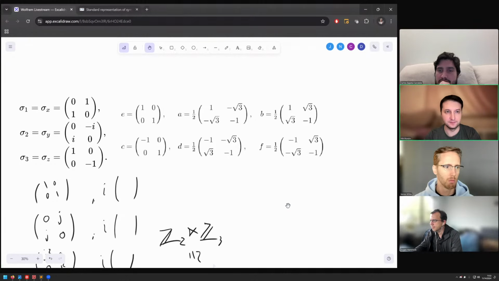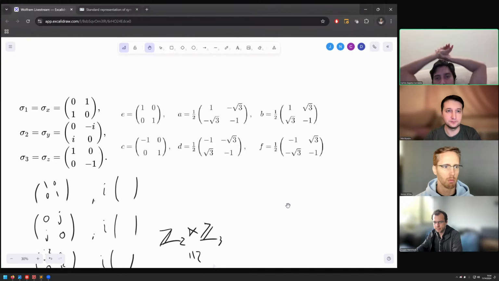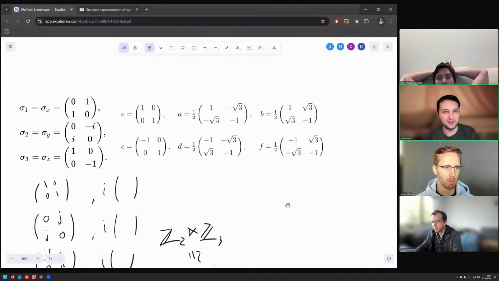Okay. Interesting. Huh, this is very interesting. Is there an easy way to generate all of them as group data? Metric free.